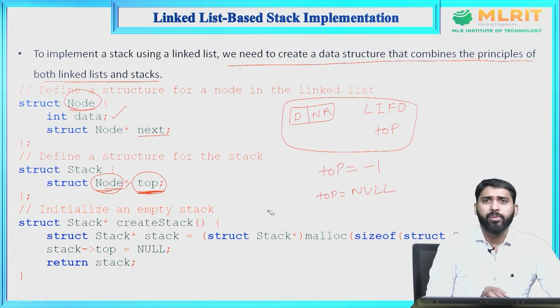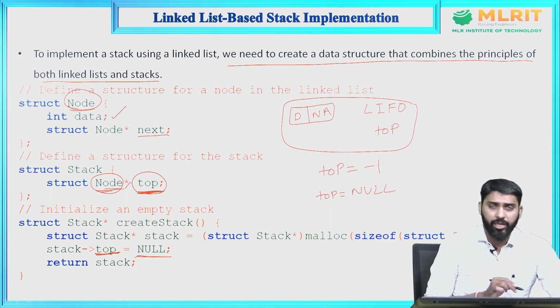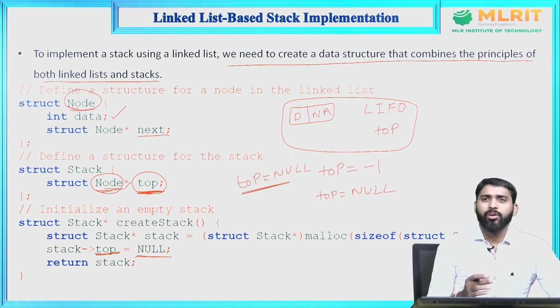The purpose of this create stack function is that the top value is initialized with null. So initially we take top equals null. Based on this top value we are going to push elements into the stack and pop elements from the stack. Let us see these functions in detail.